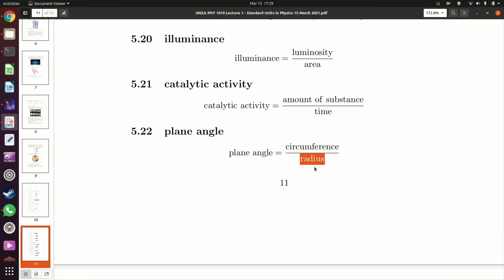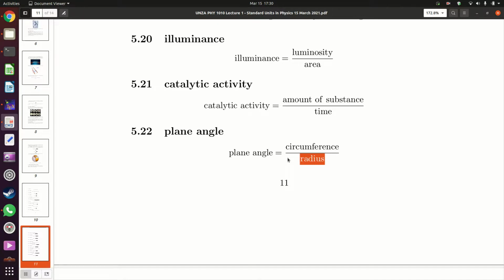How much circumference you have, then divided by the radius. So if you have a part of a circle, then you divide by the radius, it gives you the angle which that circumference makes. Are we clear? So this is a division, circumference divided by radius. That's what gives you the plane angle.